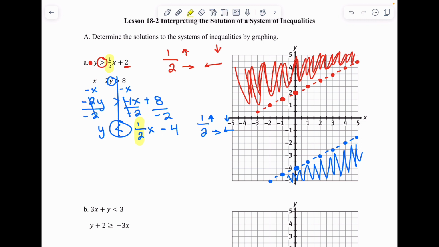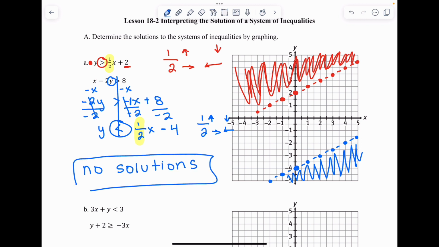Notice how there's never a time where the shadings overlap. And so what this means is that this system has no solutions, because there are no points that work for both inequalities.